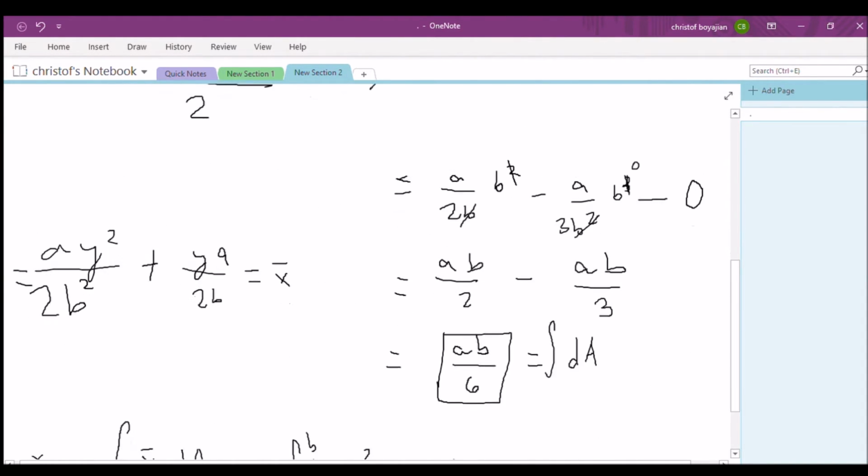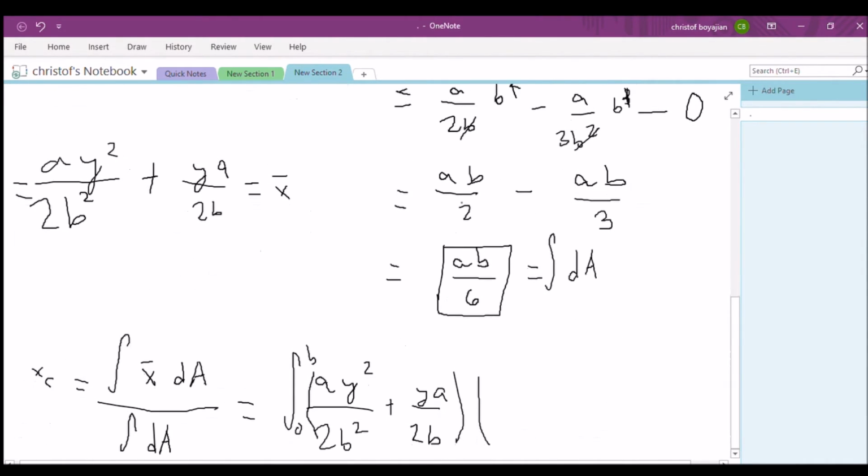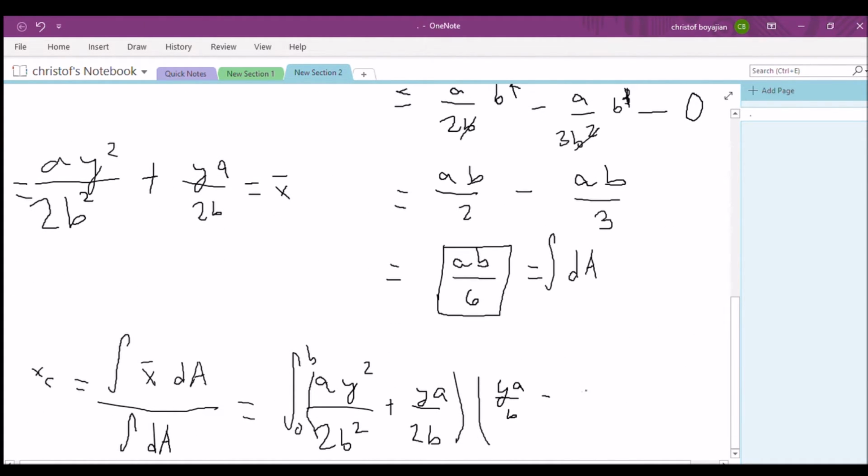So let's go ahead and replace that. So ya over b minus a over b squared times y squared times dy.